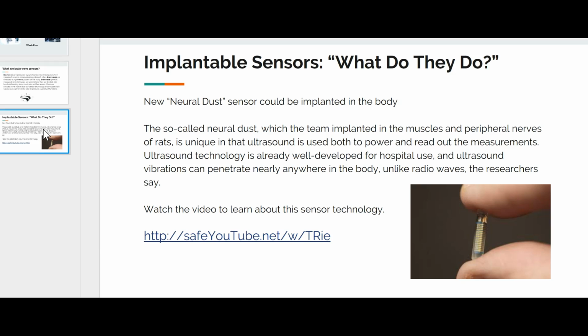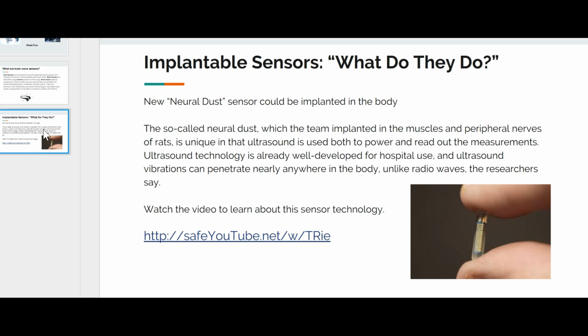So now, the implantable sensors I was talking about are these tiny little sensors that sometimes are not detectable. And there's one that we are going to learn about, which is called neural dust. This sensor is implanted in the human body.